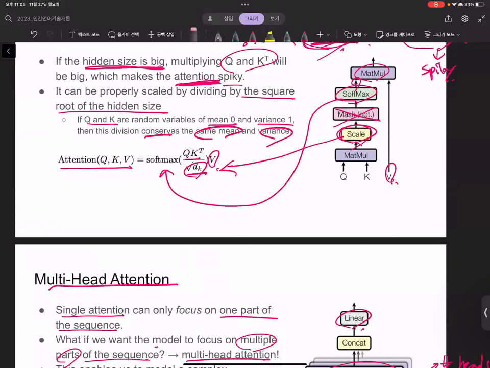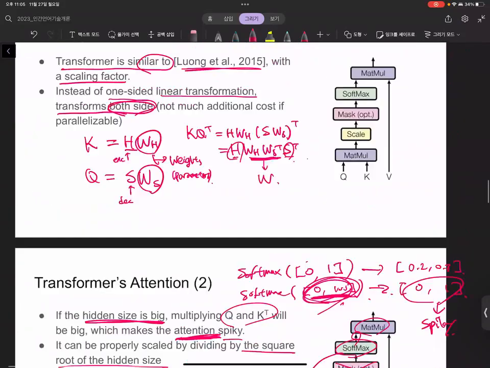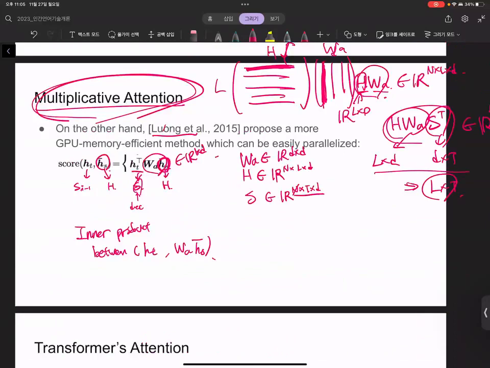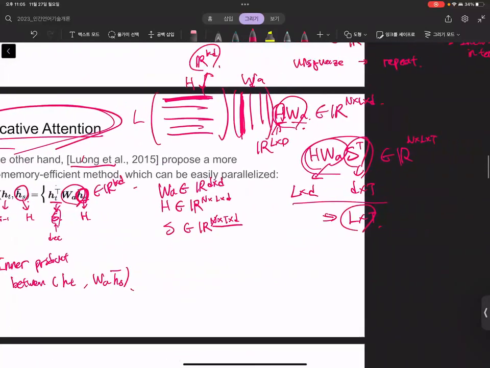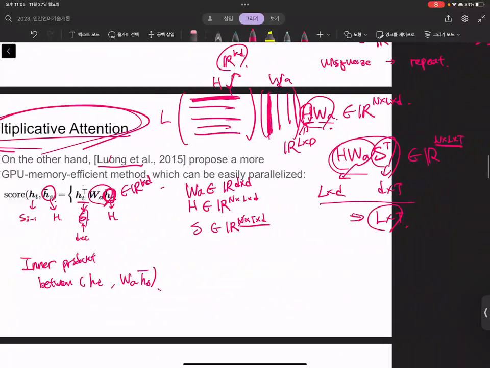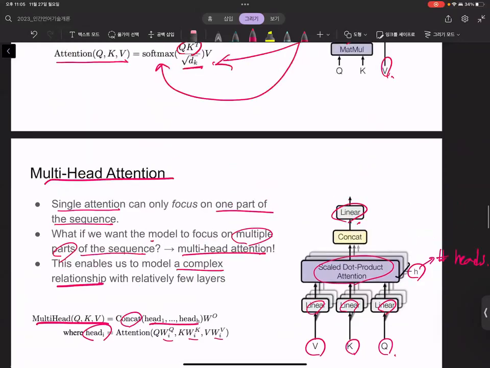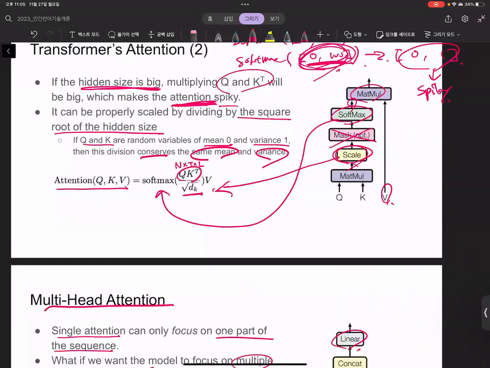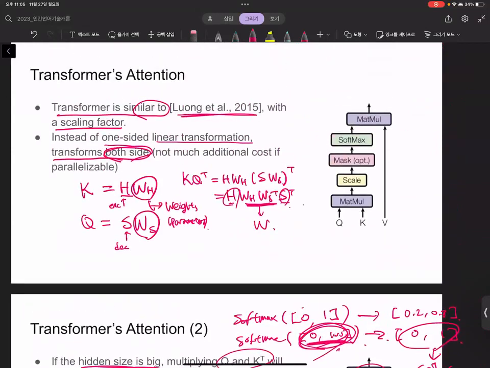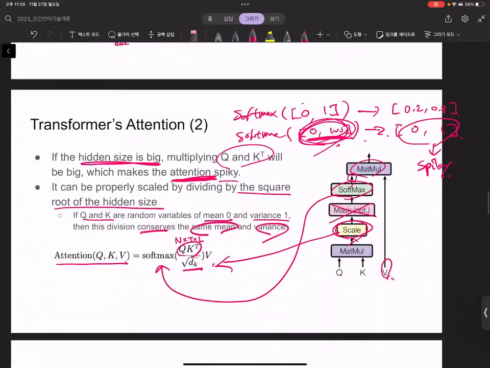This is N by T by L, because N by L by T. Actually, in practice, T equals L because this is self-attention.